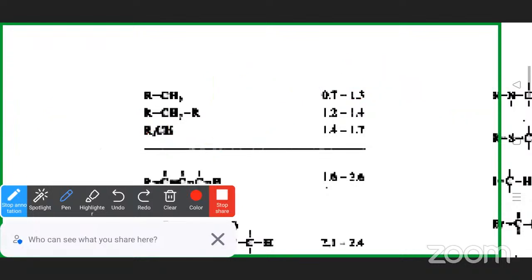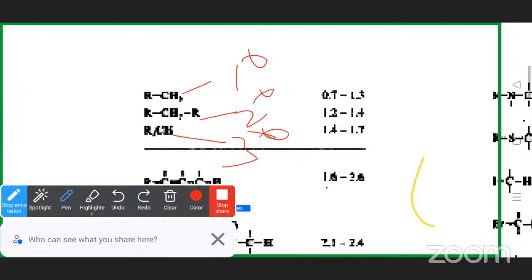So this is primary, this is secondary, this is tertiary. Your secondary proton appears in the range of 1.2 to 1.4, and tertiary protons appear in the range of 1.4 to 1.7.